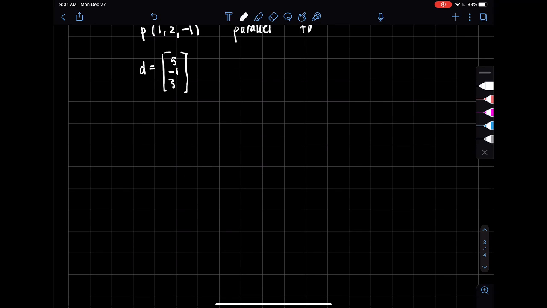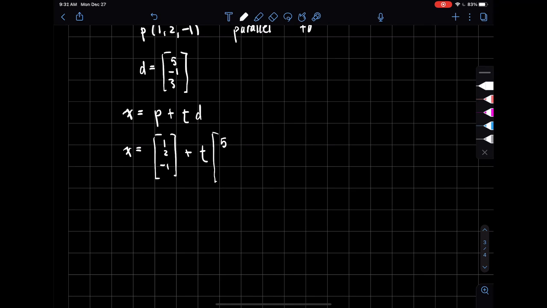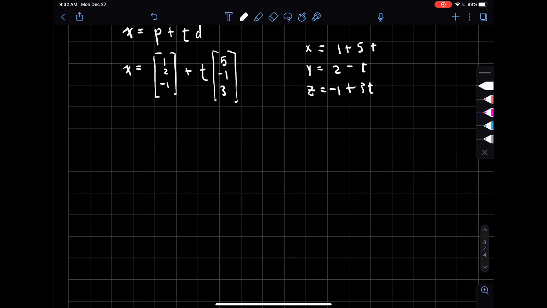We know that the general equation is p plus td, so we can substitute it in, where x equals the column vector (1, 2, -1) plus t times the directional vector (5, -1, 3). This will give us the parametric equations where x equals 1 plus 5t, y equals 2 minus t, and z equals -1 plus 3t. Basically, we're assuming that x is the column vector containing x, y, z.